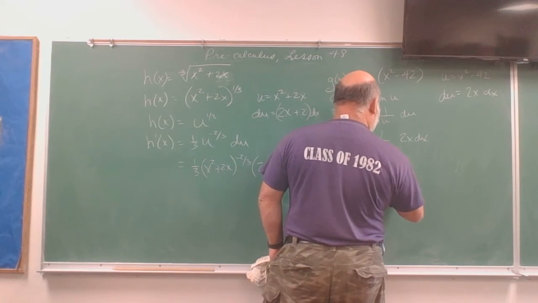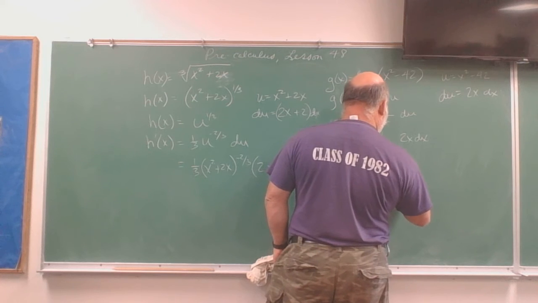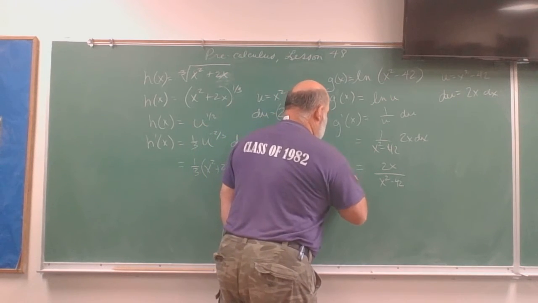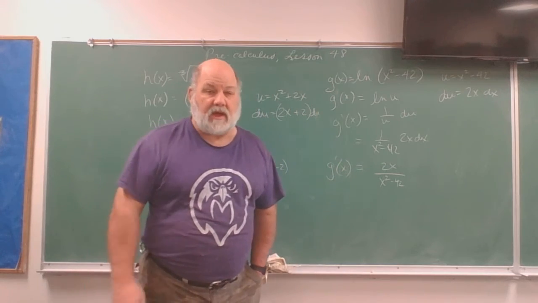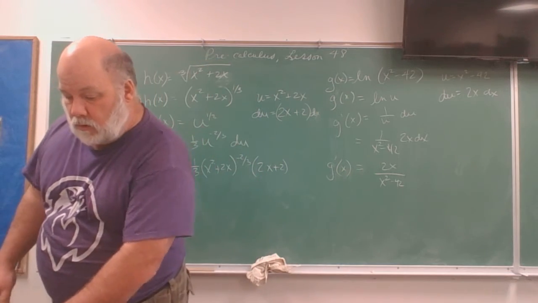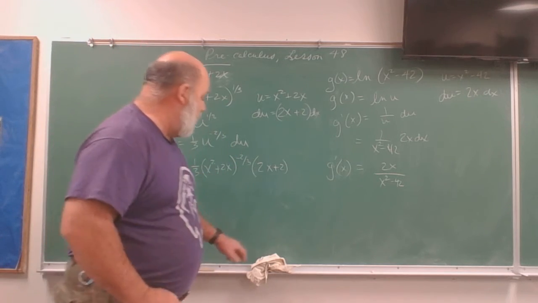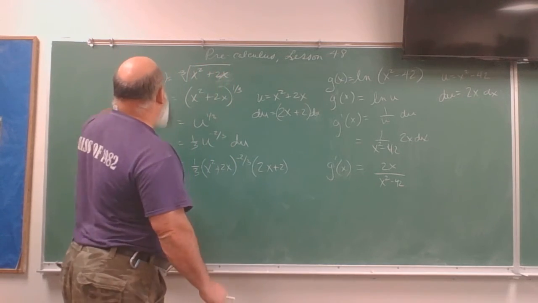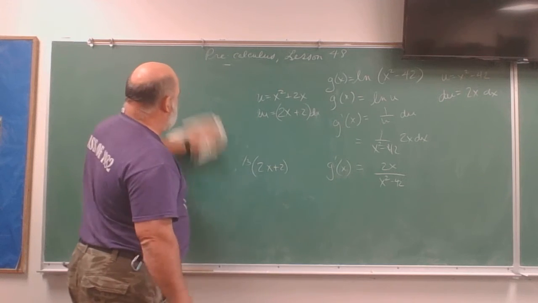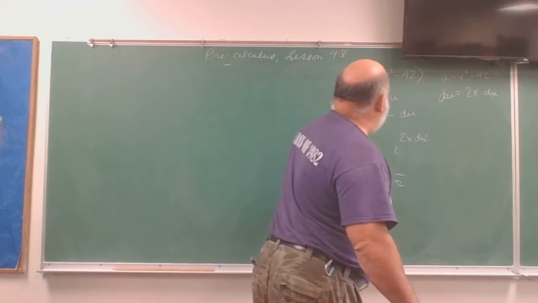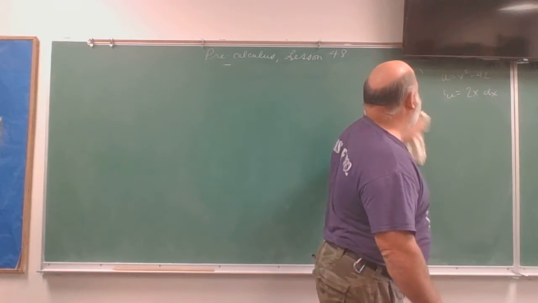So 2x over x squared minus 42 is going to be your g prime of x. Again, I'm checking, make sure I didn't get anything wrong. I didn't. Hey, other than a copy error earlier, we're doing pretty good.